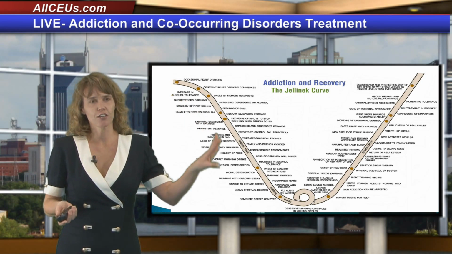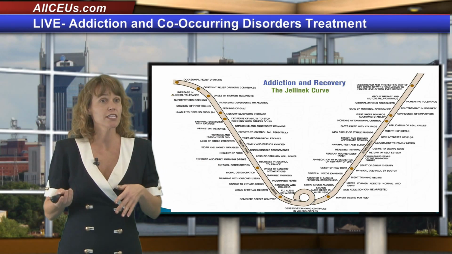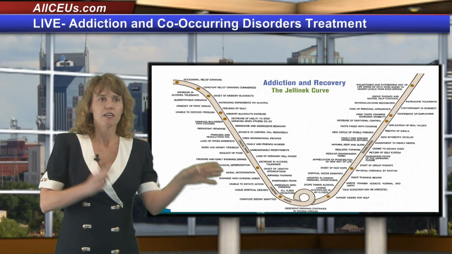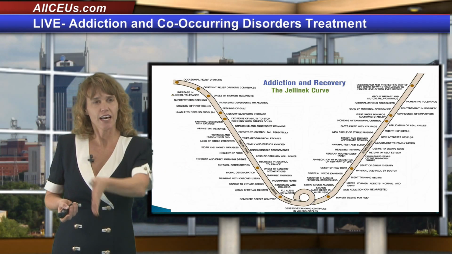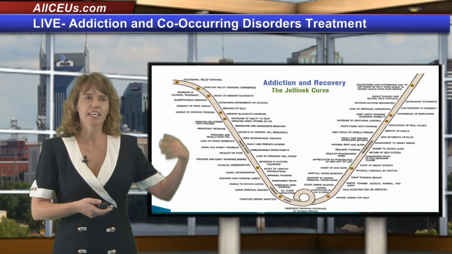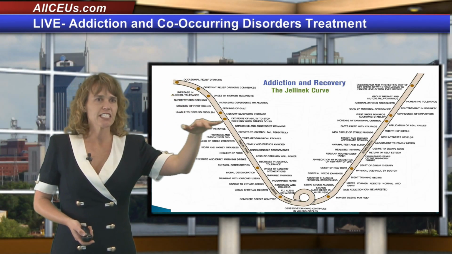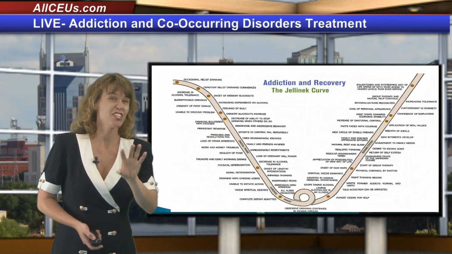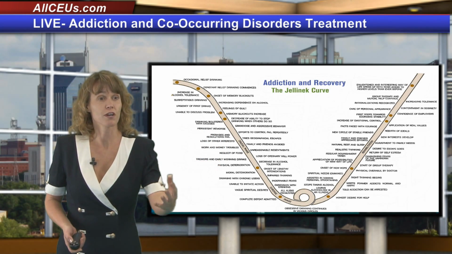So the Gellenic curve, and I know this is really small. You can Google it. You can find it online. It's a great general understanding of the slide down into addiction and then back up into recovery. So you start out with occasional relief, and then you start moving into the feelings of guilt, the minimization, rationalization, the stinking thinking. Then you start losing a bunch of stuff, which makes you want to use more.